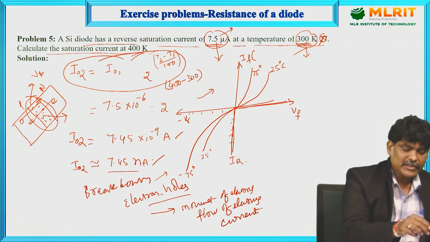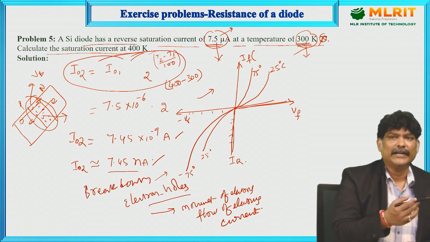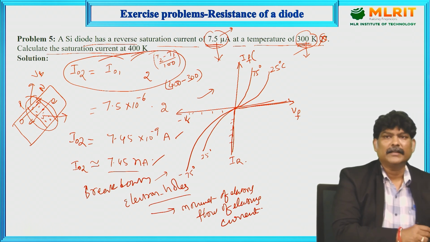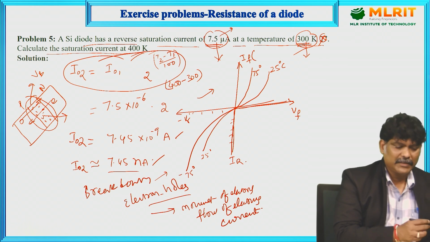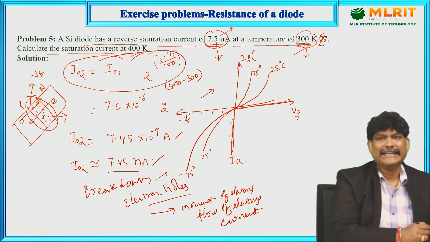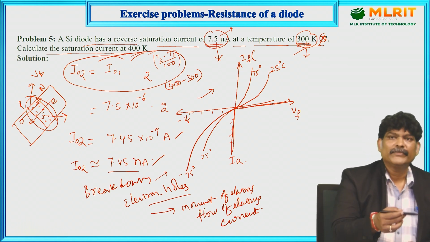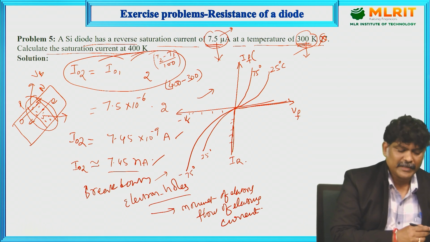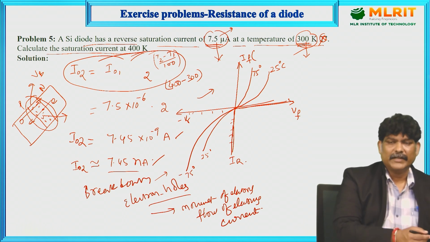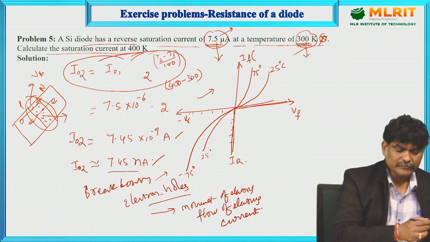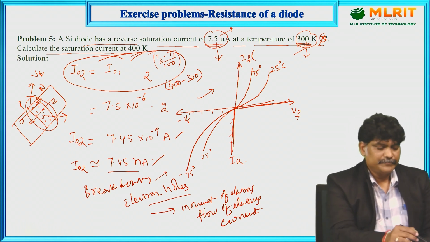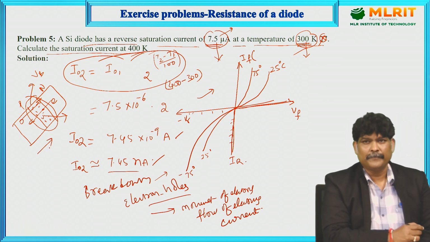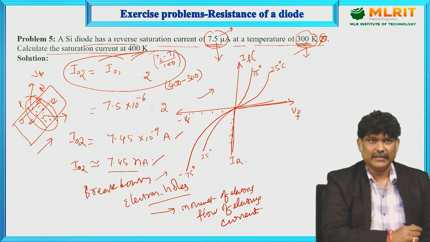Such immobile ions will be activated when the temperature increases. When the temperature increases, these immobile ions get energized, and they try to move from one side to another side, and that constitutes a current. Therefore, the temperature affects the reverse saturation current.